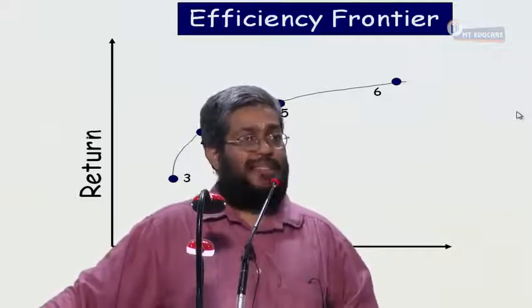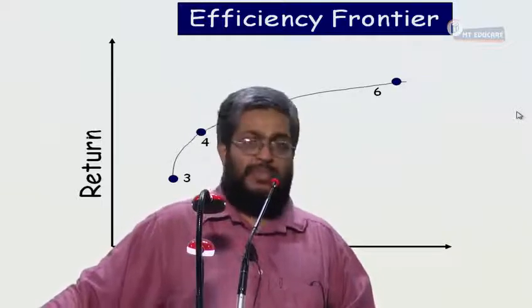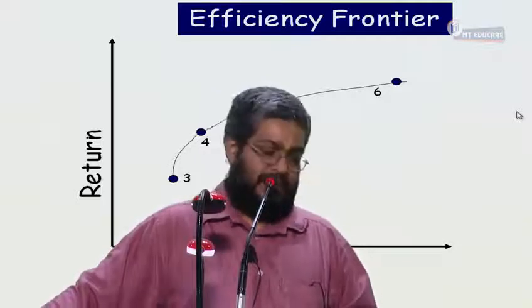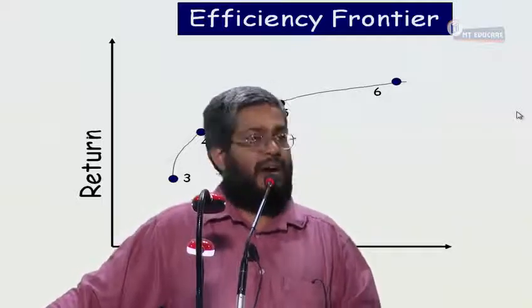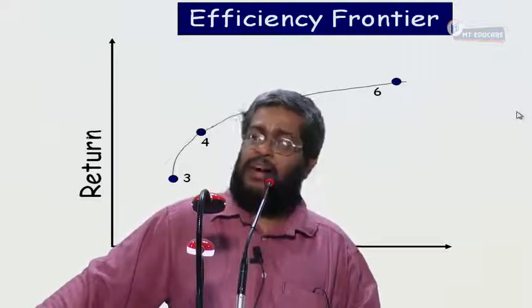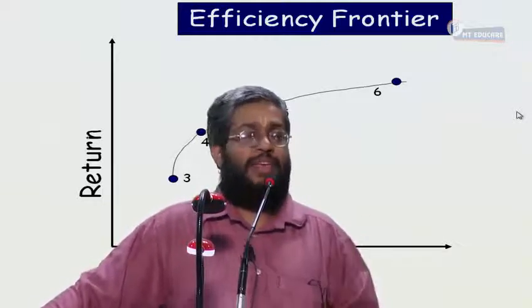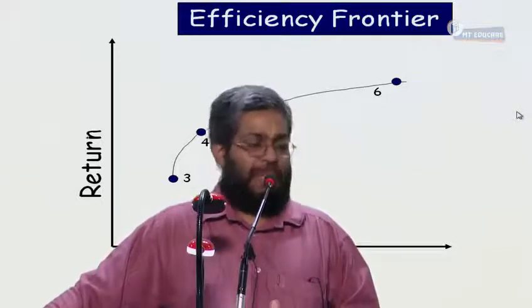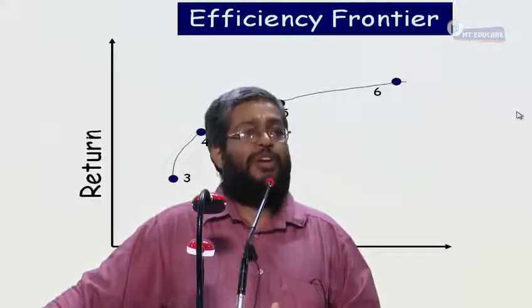Second branch, risk neutral. Third branch, risk averse. Risk lovers, risk neutral, and then risk averse.